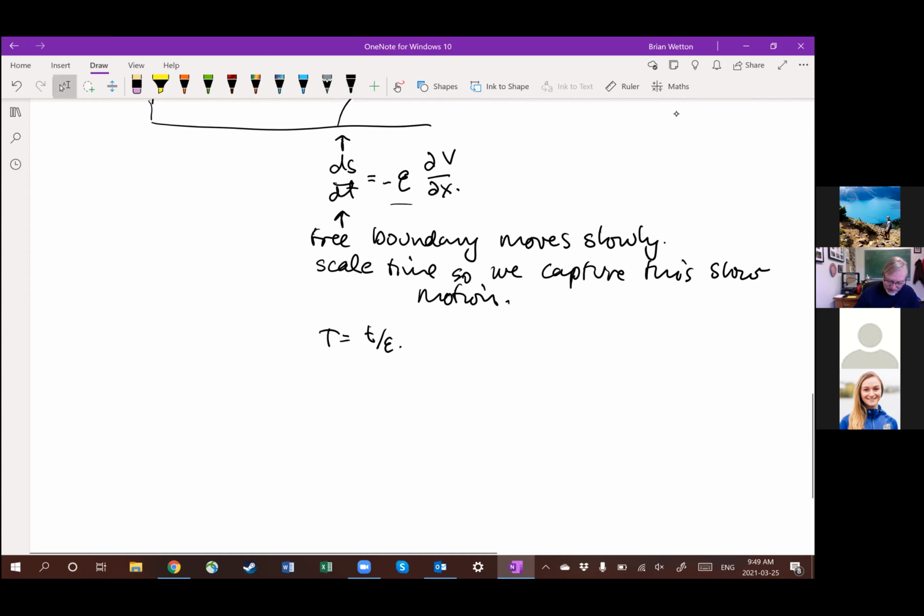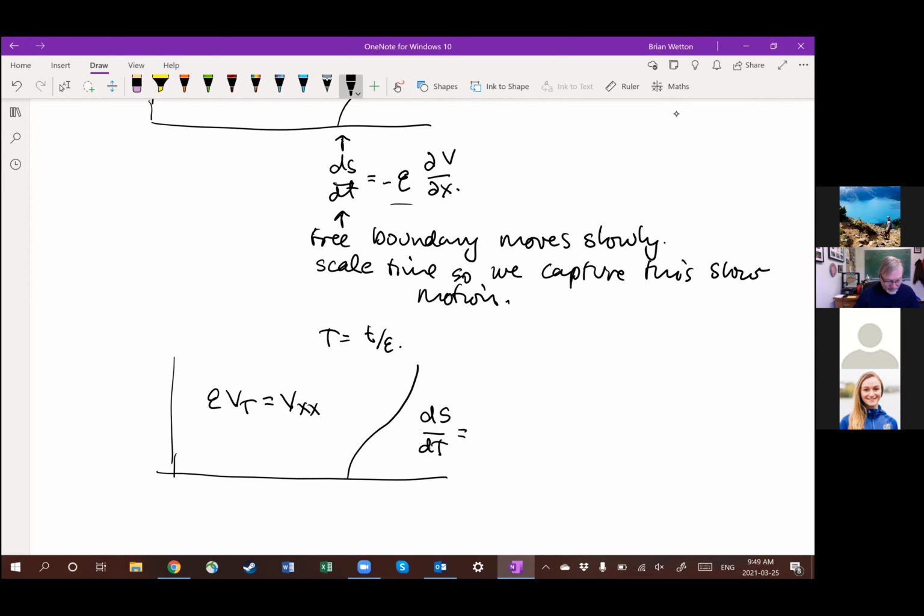And if I make that change of variables, I get epsilon v tau is vxx over here. And I get ds by d tau is minus dv dx. And I've still got v is equal to 0. These are all the conditions on the free boundary. Okay, so now I've got the boundary moving at the speed where something interesting can happen.